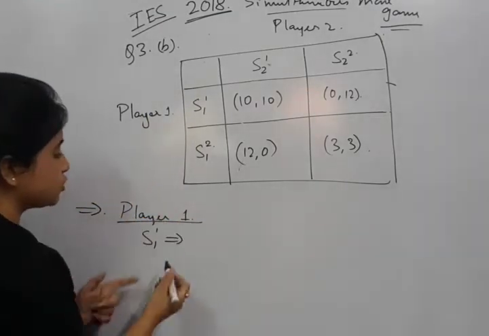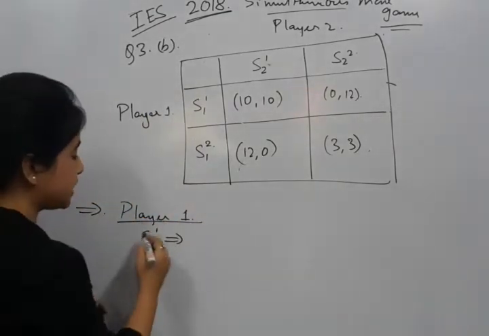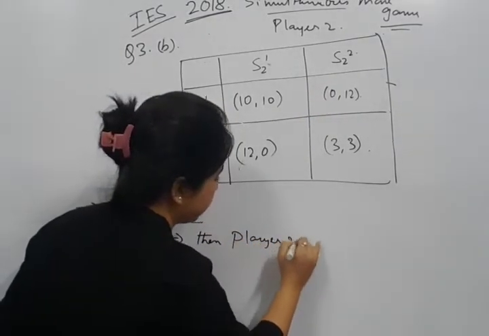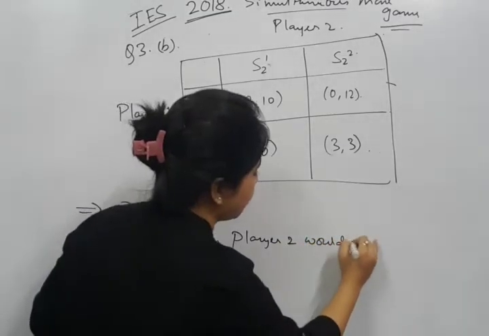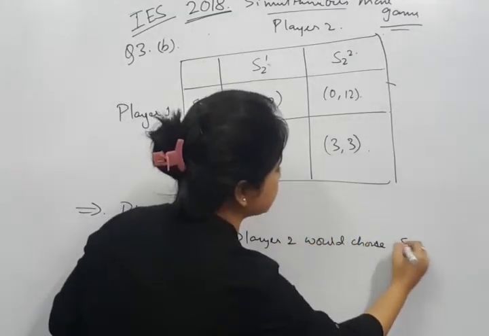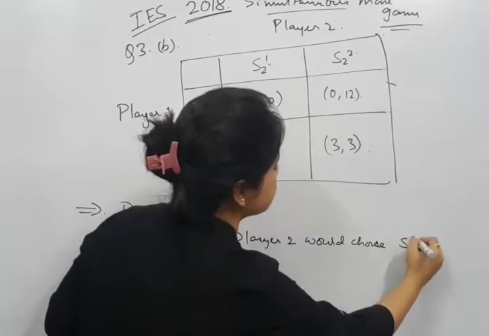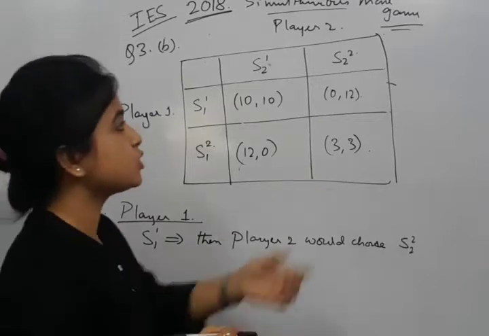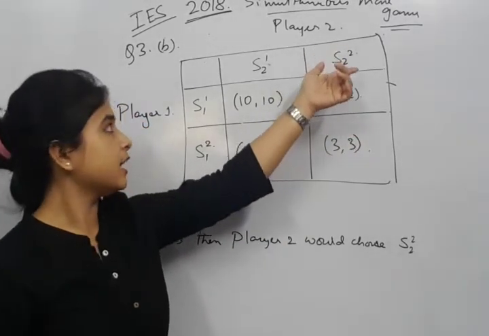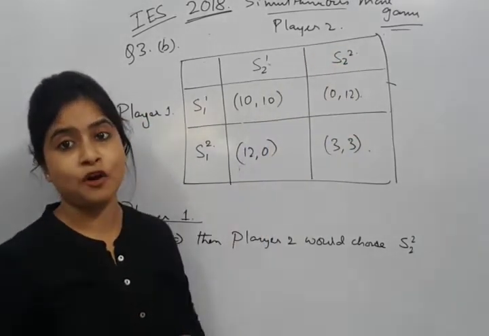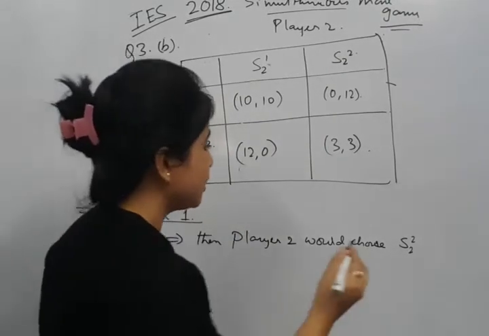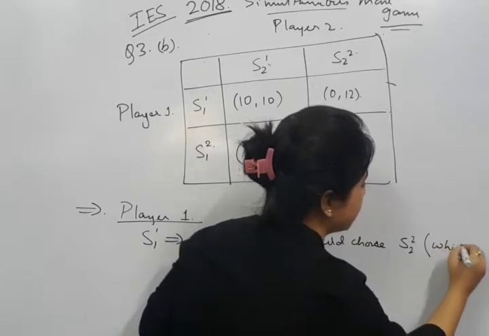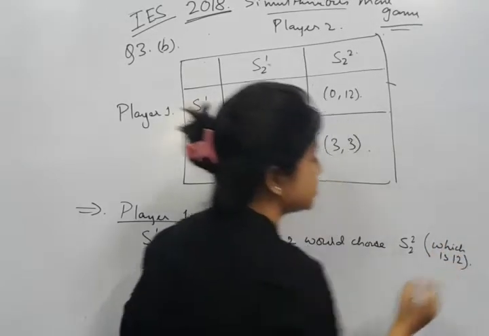So if player 1 chooses S1 dash strategy, then player 2 would definitely choose S22. Why am I writing S22 and not 12? Because this 12 comes under this S22 strategy of player 2. So in bracket we can write, which is 12.